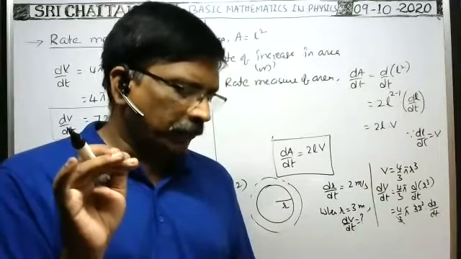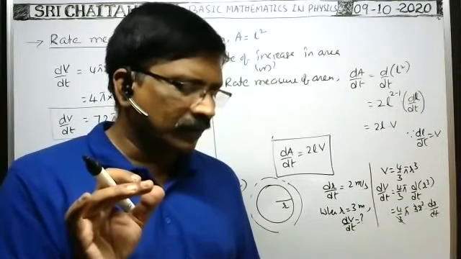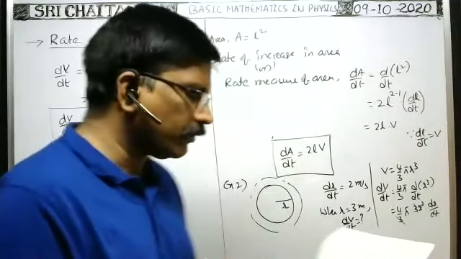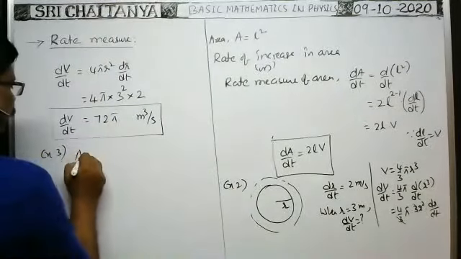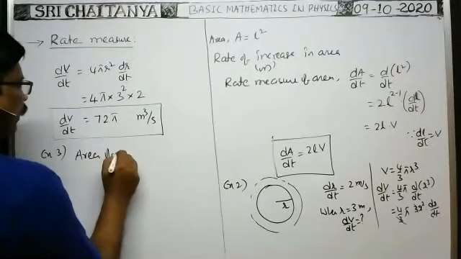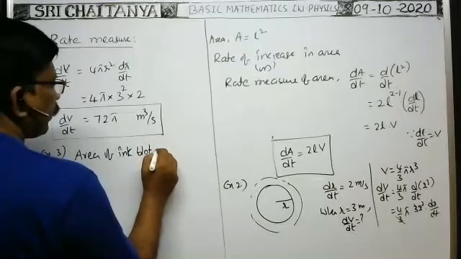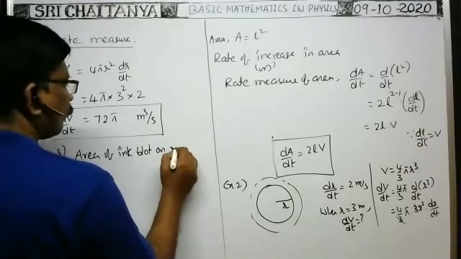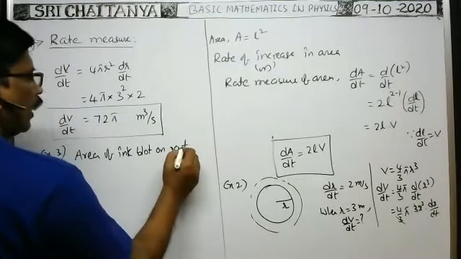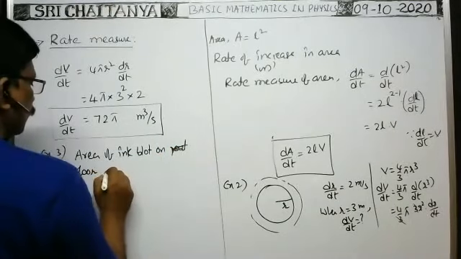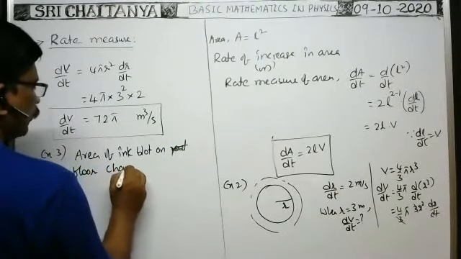So the area of the ink blot increases with time according to the equation, whether on paper or on the floor, whatever it may be.